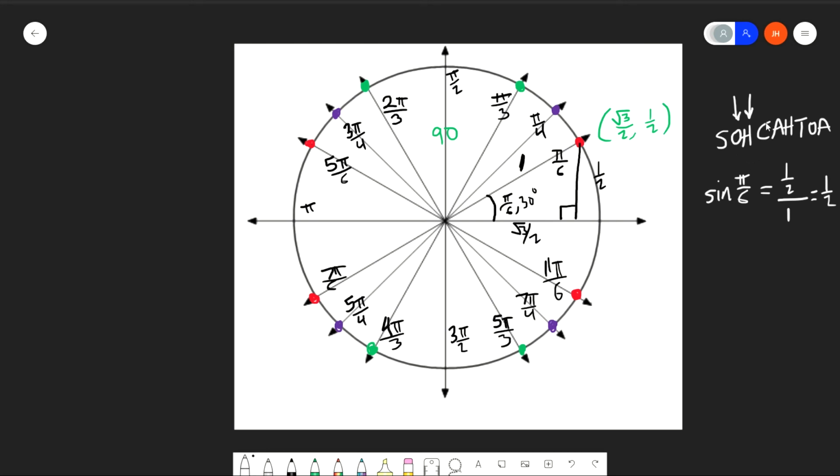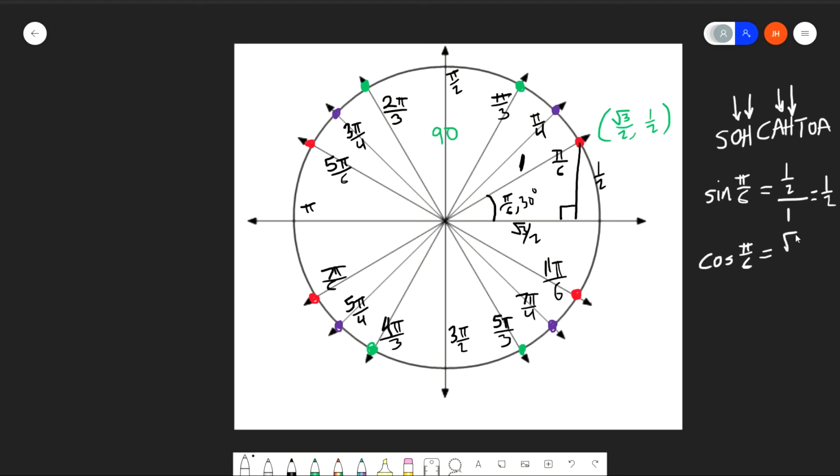Let's look at cosine now, just to see another example. What about the cosine of pi over 6? Well, cosine is the adjacent divided by the hypotenuse. The adjacent side implies the leg which is next to the angle, which is root 3 over 2 here.